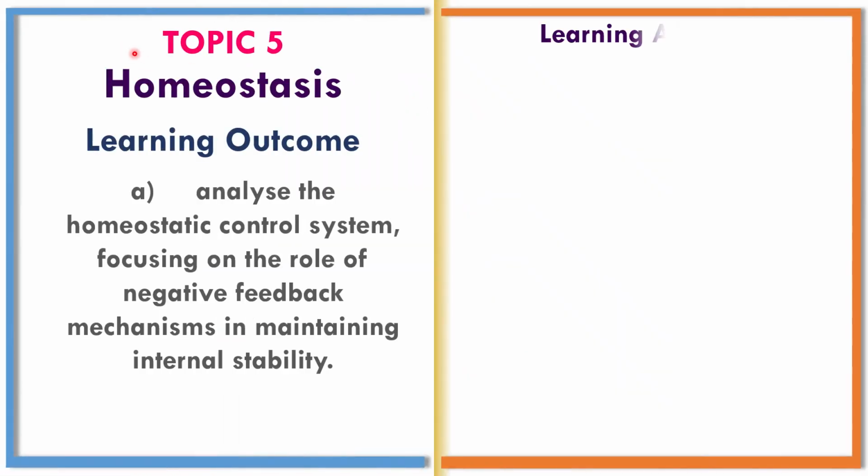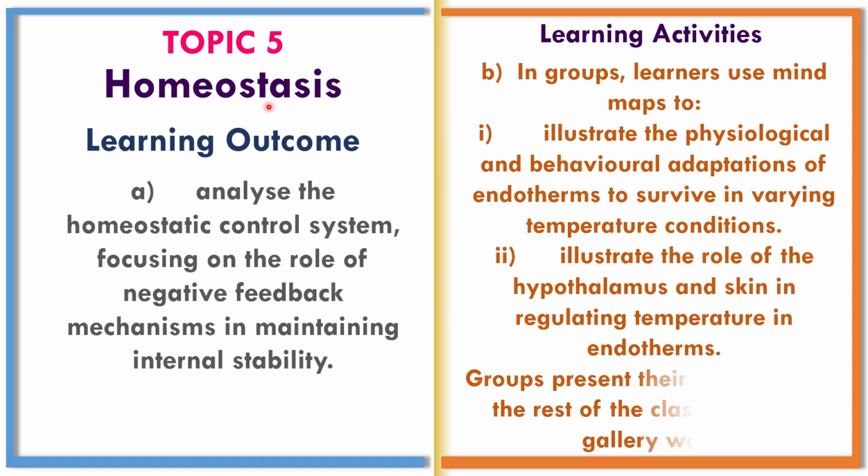Thank you for participating in Topic 5, Homeostasis, Learning Outcome A: Analyze the homeostatic control system, focusing on the role of negative feedback mechanism in maintaining internal stability.